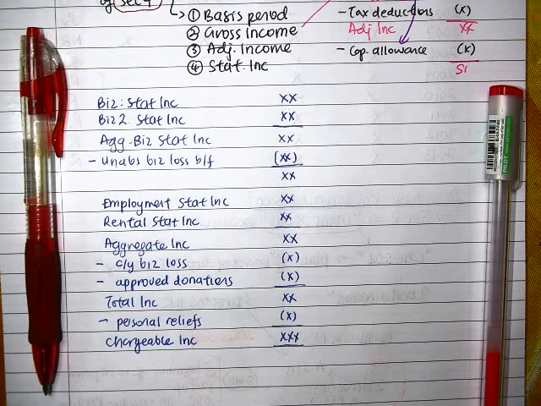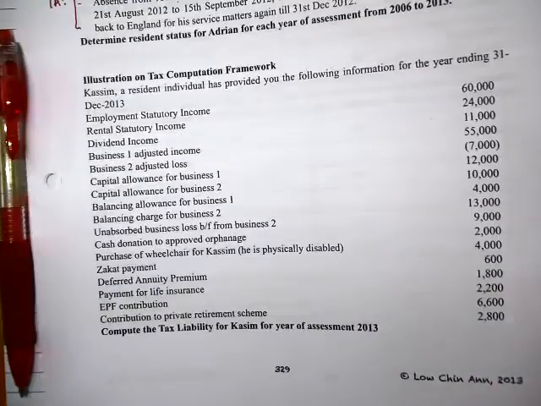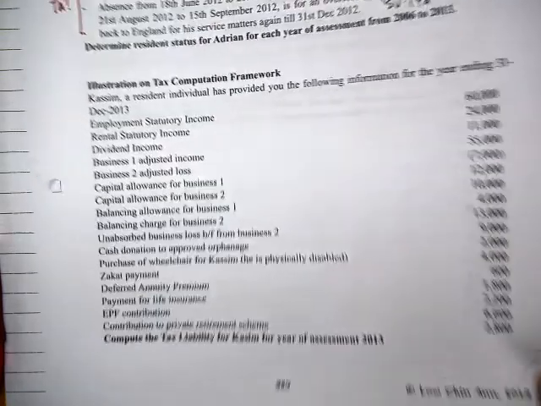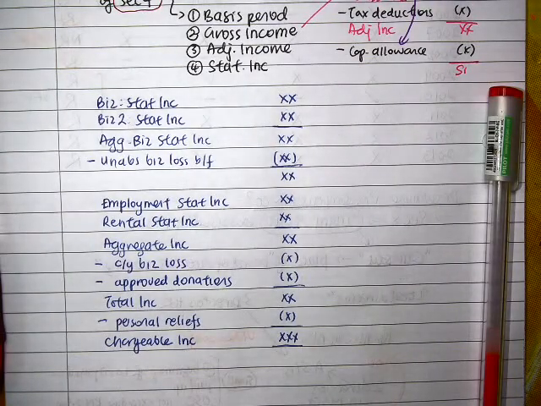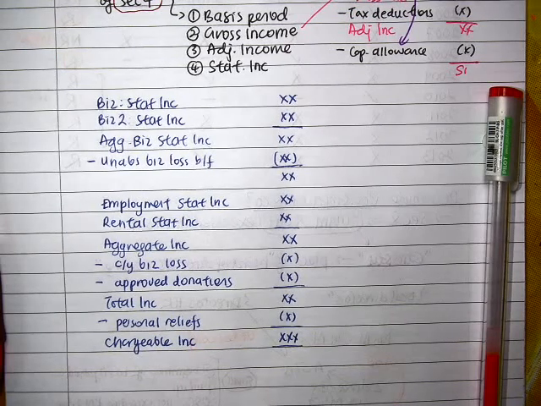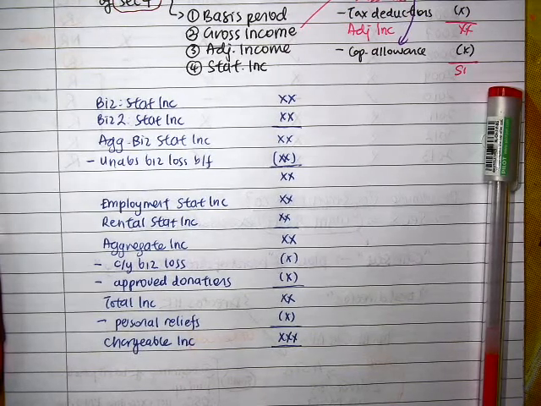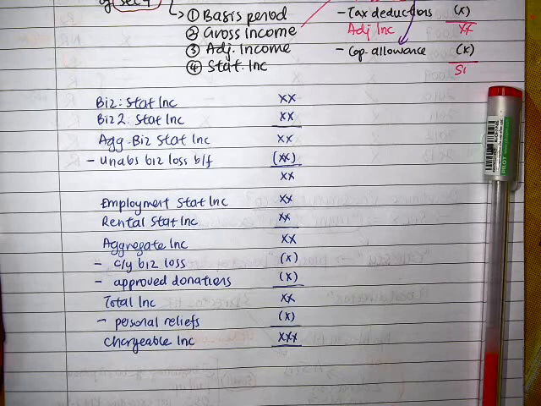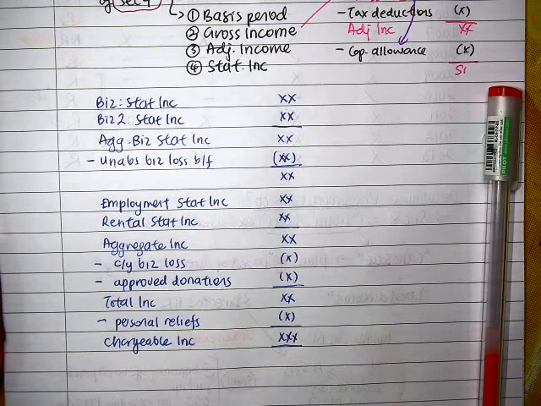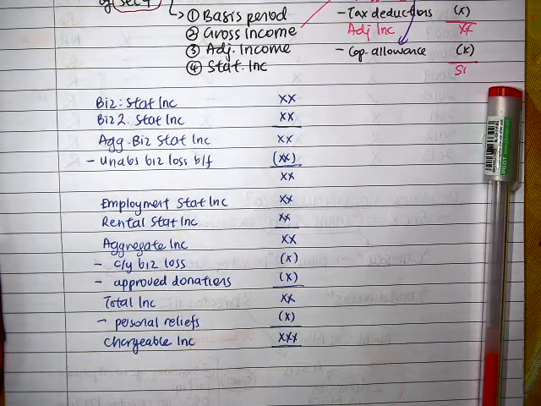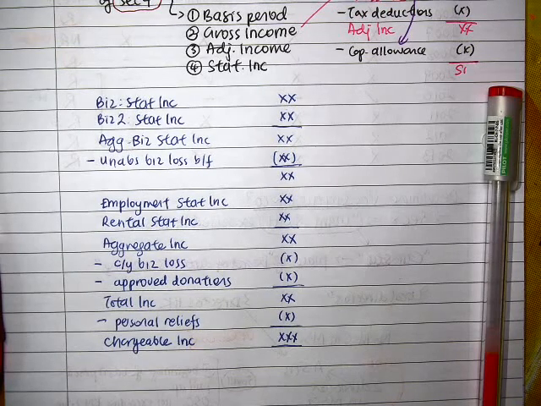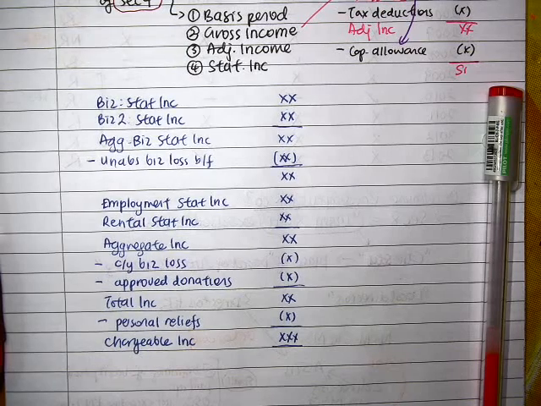Now look at the next illustration with Kasim. It's a very short example: work out the tax liability for Kasim for year of assessment 2013. Kasim is a resident individual and has provided you with the following information.